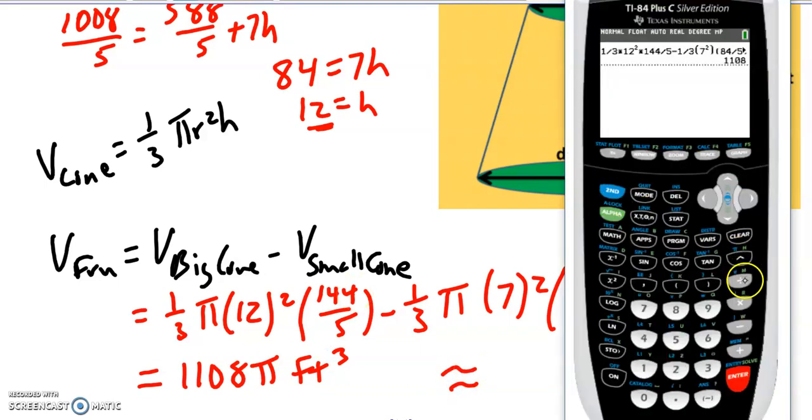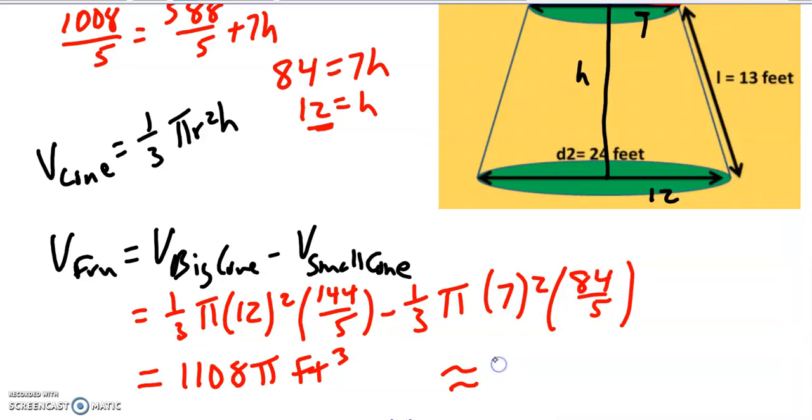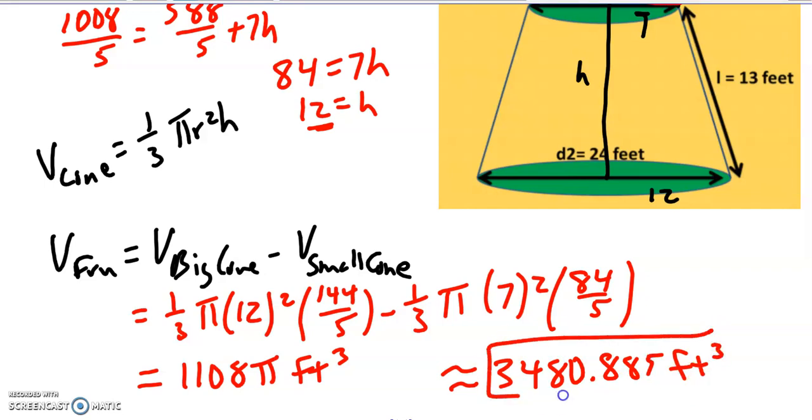If we did that, we would multiply by pi and round to 3 decimal places. So that looks like 3,480.885 feet cubed. So again, follow directions on whatever you're supposed to do with your homework or assessment.